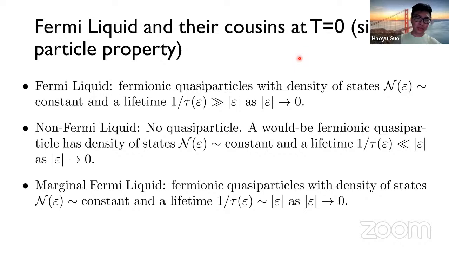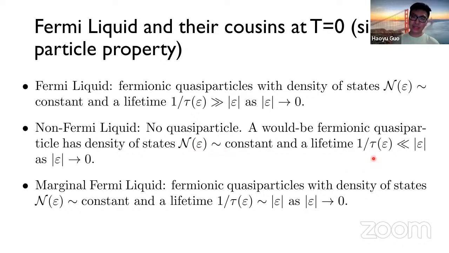Related to the Fermi liquid, there is also something that's not a Fermi liquid, which is given the straightforward name non-Fermi liquid. There is no quasi-particle in a non-Fermi liquid. When you write down the theory, you start with some fermions that could be quasi-particles, so they will still have some kind of Fermi surface with a non-zero density of states.